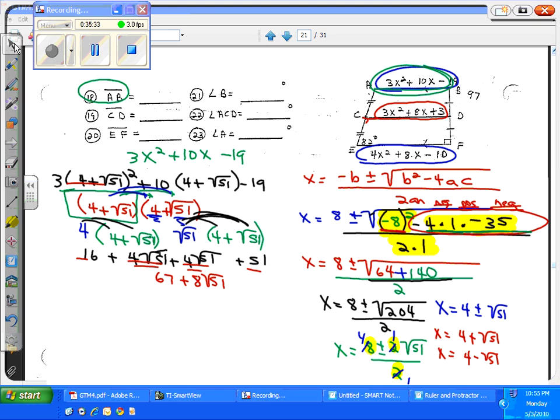Now, that's the result of doing the exponent. We have that times a 3. Right here, we're going to distribute the 10, plus 10 square root 51, and then we still have the minus 19.